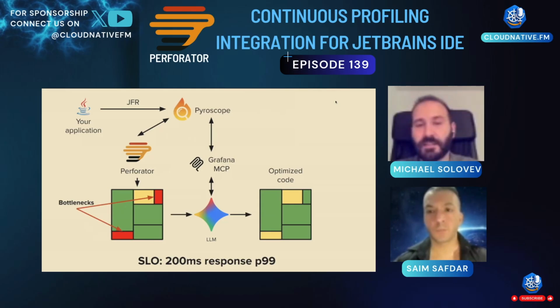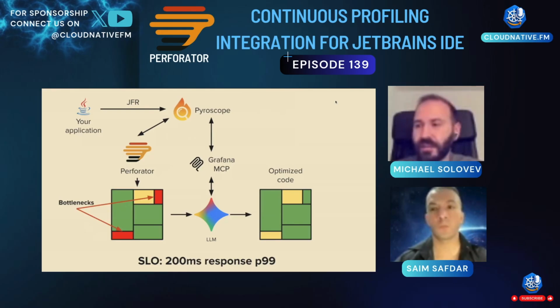And once you configure the MCP server for Claude Code or Junie, you can configure it to also communicate with Pyroscope. So you basically can copy your prompt, which is like, please improve the performance for this specific method, and paste it into Claude Code or Junie.